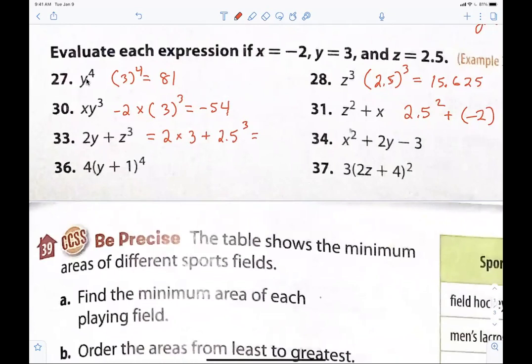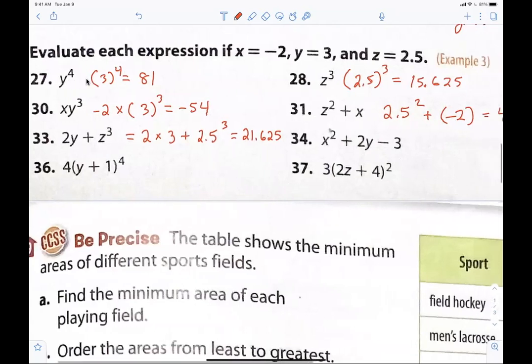Put that first. No, it's not negative. I got 21.625. Anybody else get that? Yeah. All right. I'm happy with that.